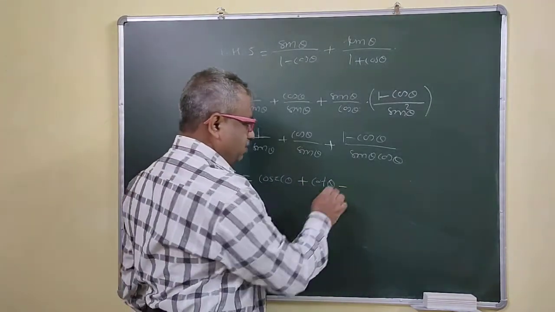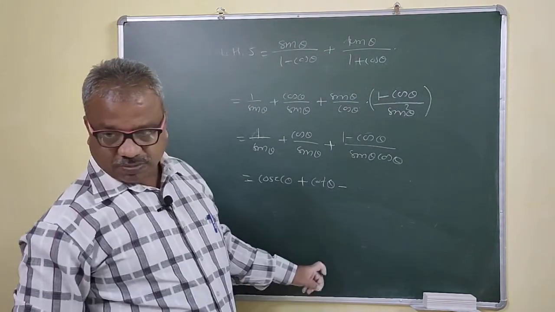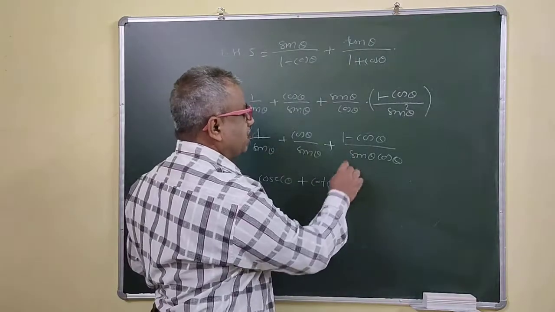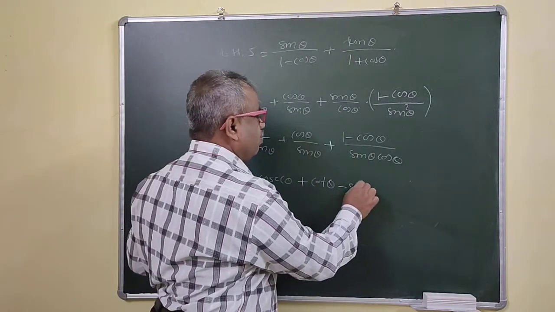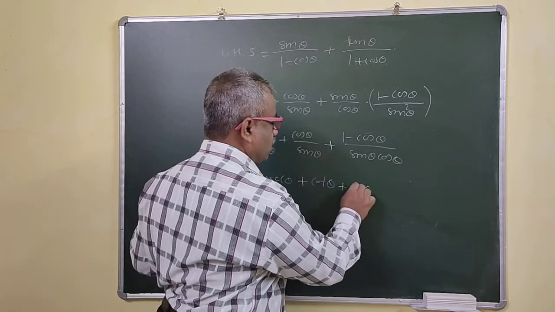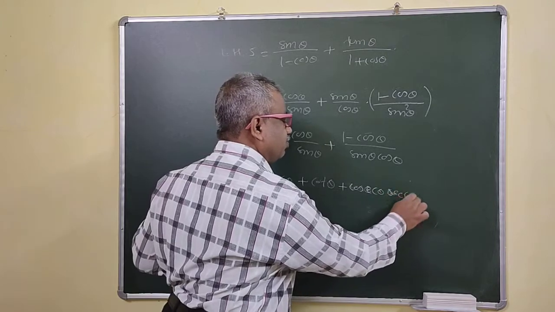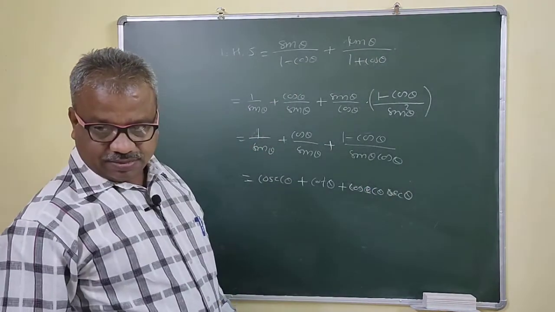Now we'll simplify this. This is what then? 1 upon sin theta cos theta is sec theta cosec theta, now. Cosec theta, sec theta, right?